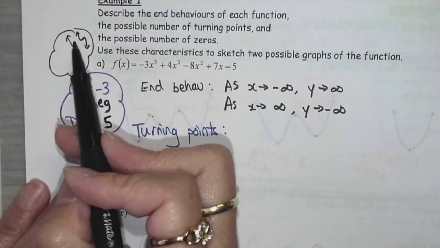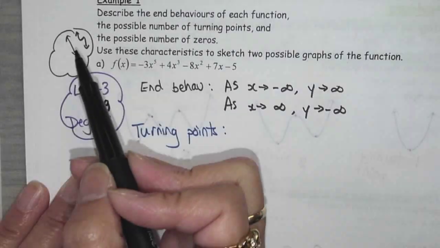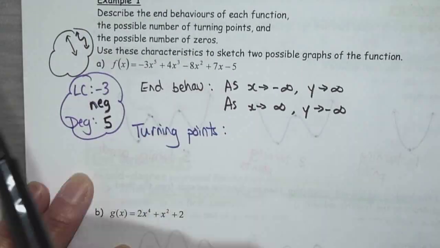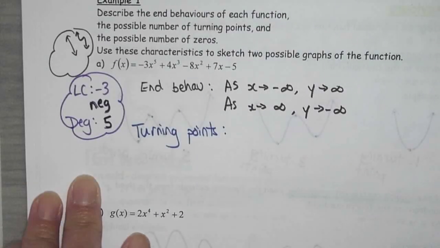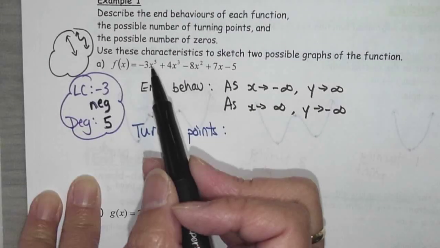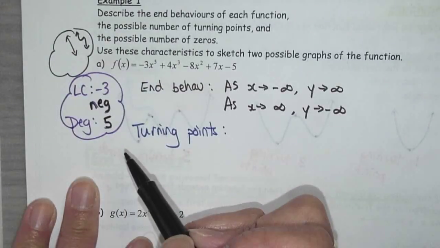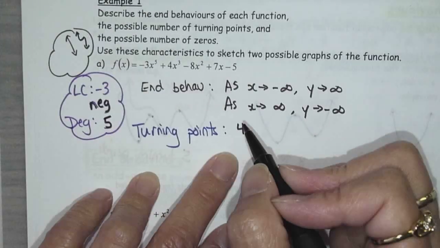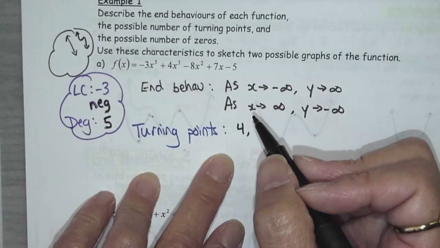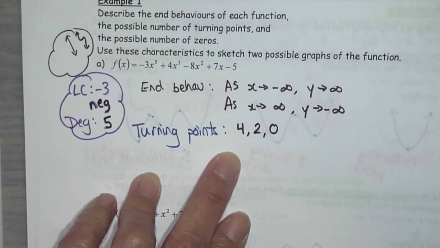I have to remember that it's an even number of turning points, since this is the even-odd one. If I do an odd number, it flips itself back around. The degree is 5, so it'll always be 1 less, so I can have 4 turning points. Can I have 3? No, because that turns it around. So 4, 2, or 0. Good?